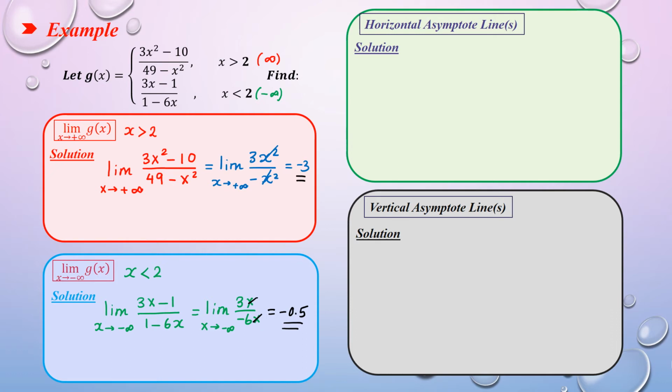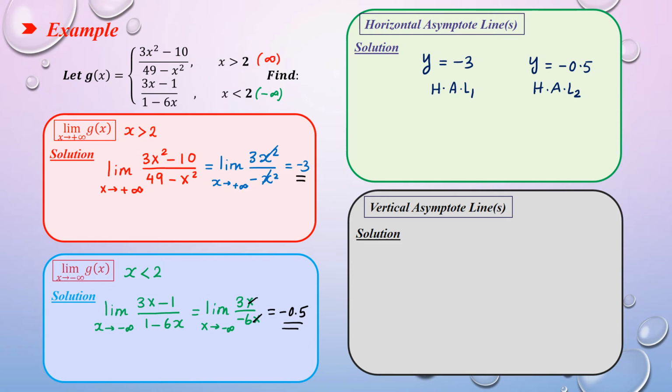So the horizontal asymptote lines for these two questions are y equals negative 3, this is the first horizontal asymptote line, and the second one, y equals negative 0.5, and this is the second horizontal asymptote line.